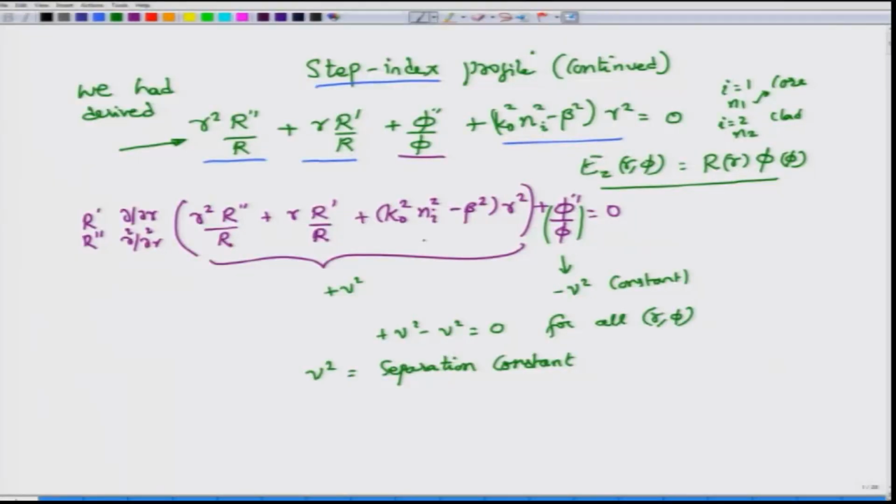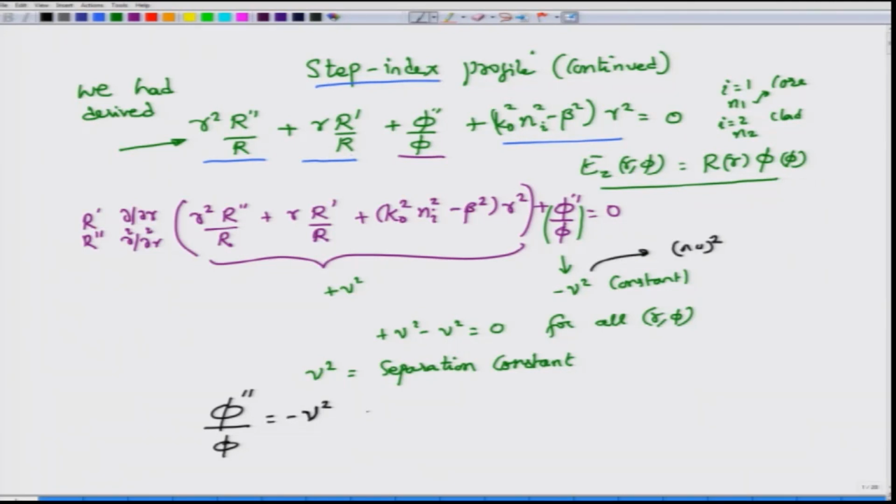Anyway, now that I have these two equations individually, I will separate them out and write something like this. I have phi double prime by phi equals minus nu square. Sometimes my nu does not really look like nu, it may look like v, please excuse that, please remember that this is nu. So, this is nu square.